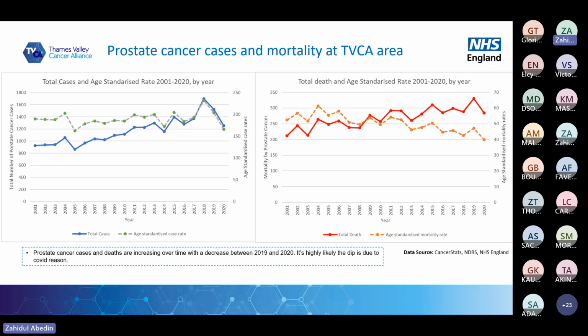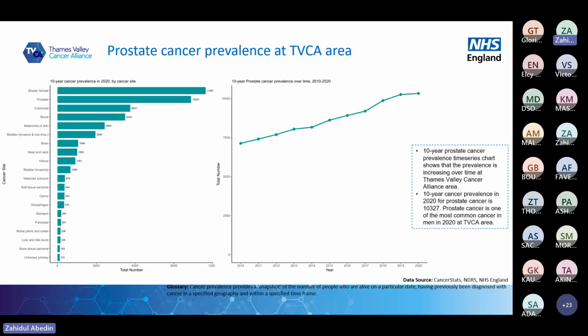The second one is the prostate cancer prevalence analysis. On the left-hand side, you can see prostate cancer prevalence in 2020 by cancer site in the TVCA area.